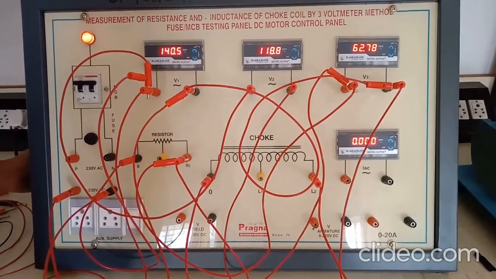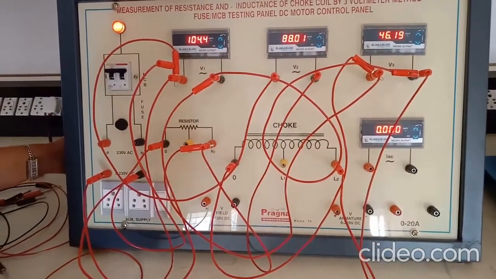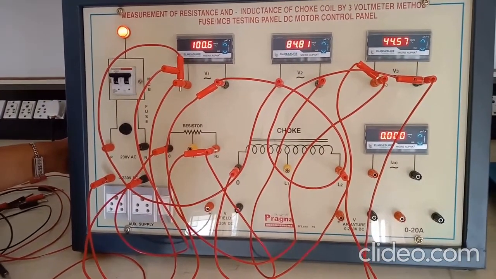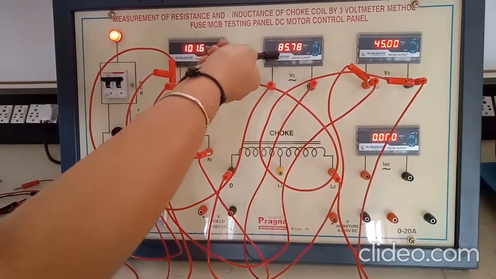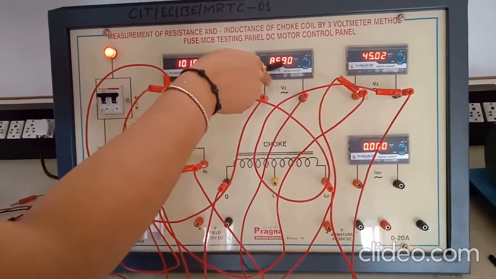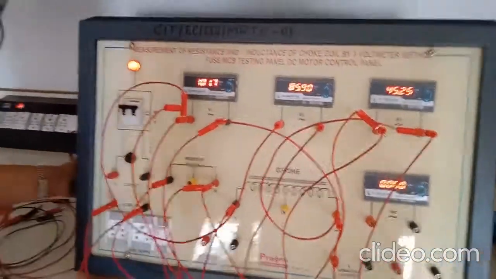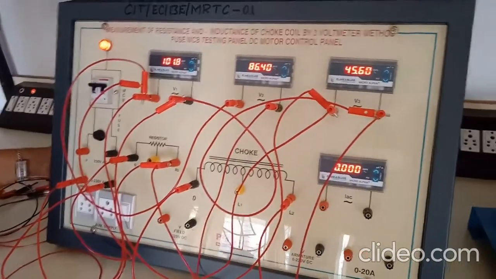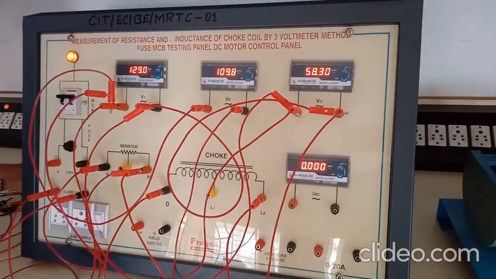Now the same procedure. I am setting this to 100. Now it is 100, and we note down VR, that is 85.80, and V choke is 45.27. Similarly, like previously, we take steps of 150, 200, 250 and so on.